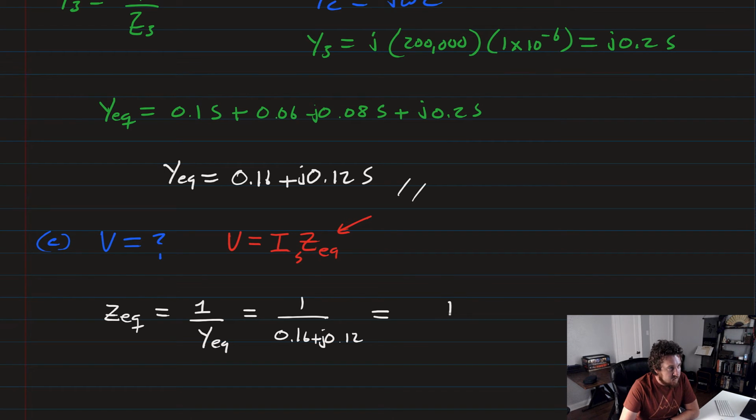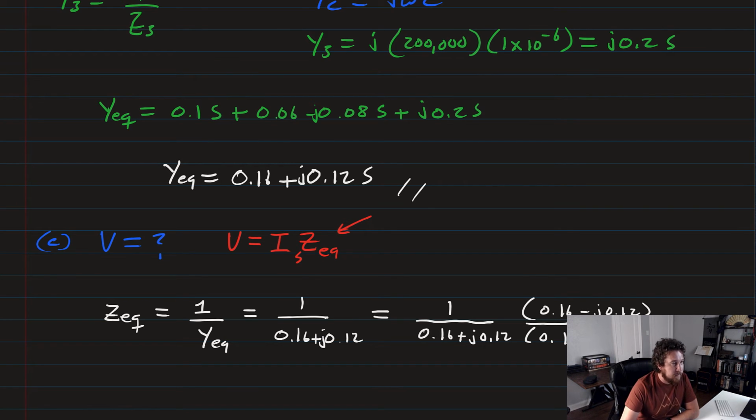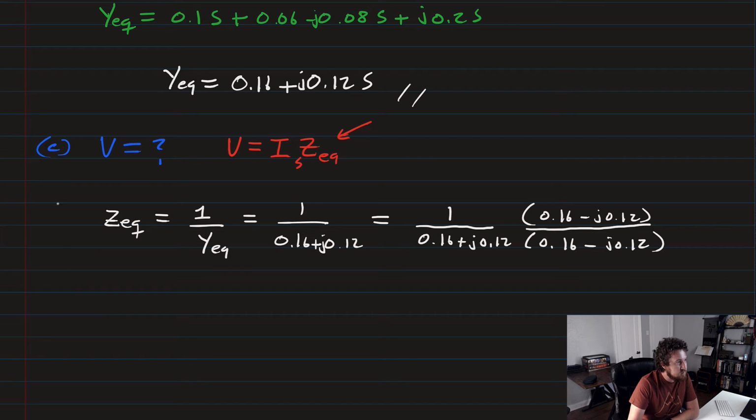That'll give us 1 over 0.16 plus j0.12 times 0.16 minus j0.12 divided by the same thing, 0.16 minus j0.12. All right. So that's going to get us what?